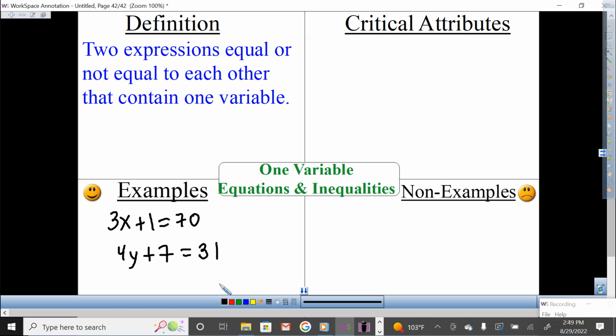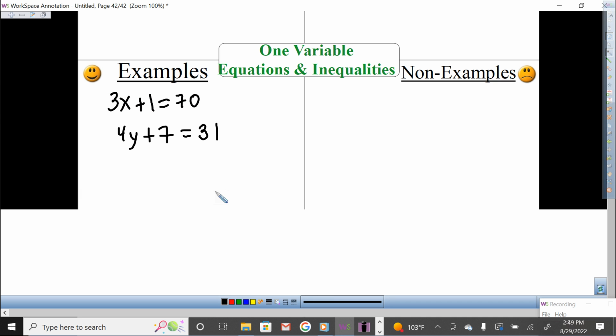All right. So this is what I want you to do. Here's a quick challenge. If these are examples, I want you to take this one, look up, take this one, make a change so that it is a non-example.